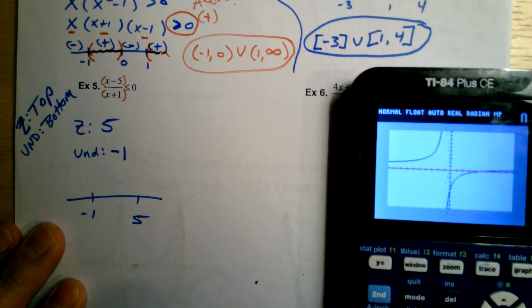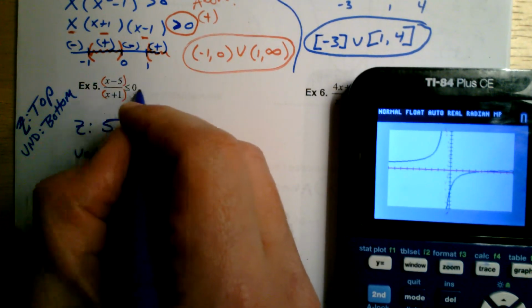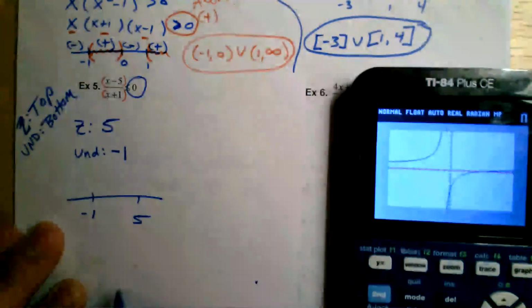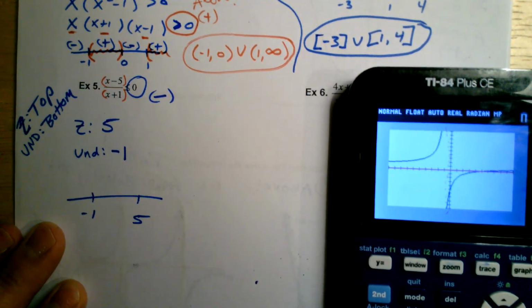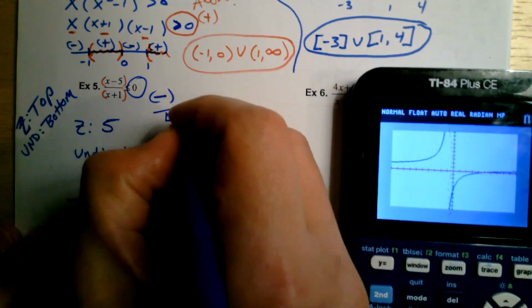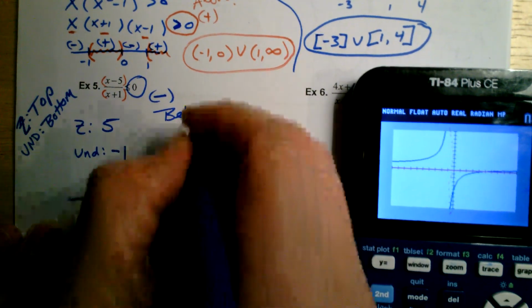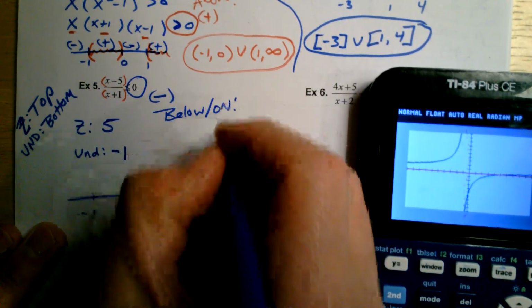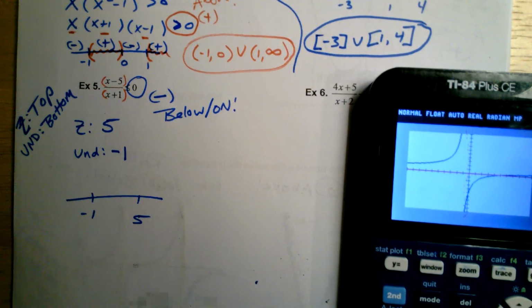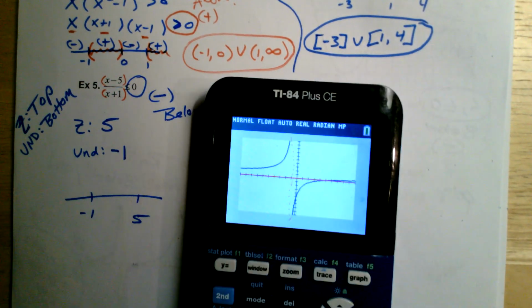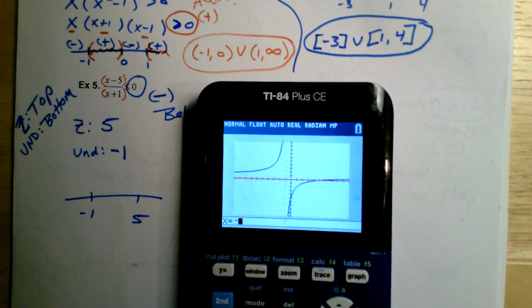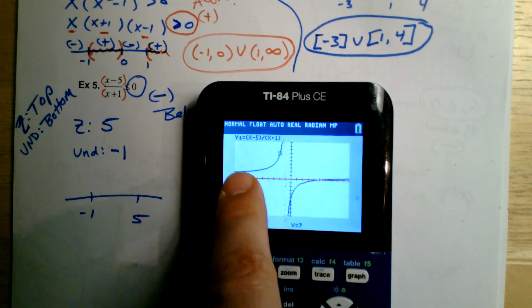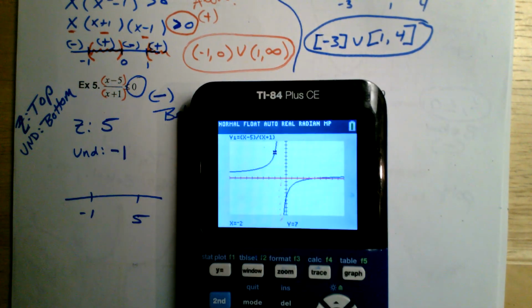All right, so we are looking to find out where this guy is, again, less than or equal to 0. This is telling me where to shade. Less than or equal to, those are the negatives, right? That's where it is below or on the x-axis. On because it's equal to. So we take a look. Type in a number to the left of -1, like -2 or -3 or -4. That's clearly above, so that's a positive region.